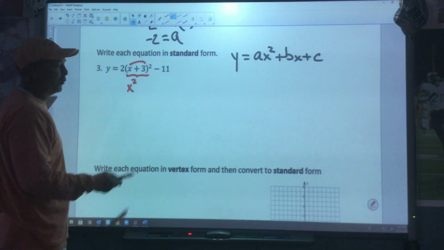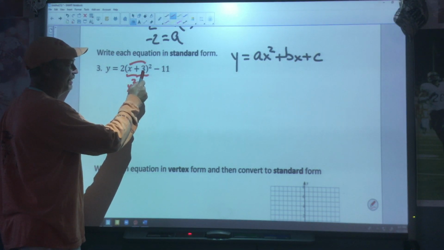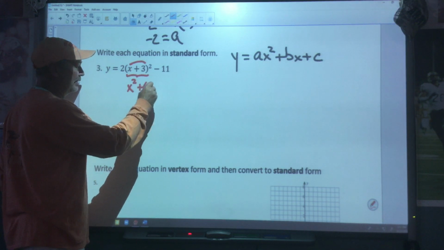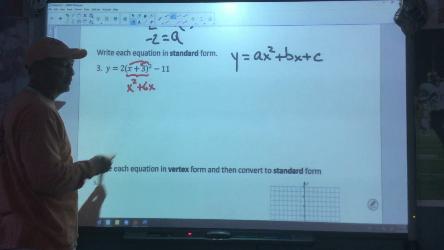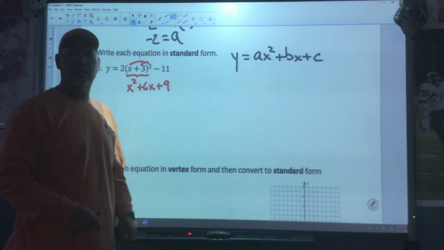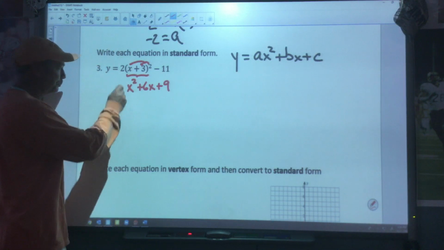I'm going to ask you to multiply. 2 times 3 is 6. 6 times x is a positive 6x. I'm going to ask you to square the back end. 3 times 3 is 9. That's the same thing you're going to get if you do distributive property or the box method. Okay?